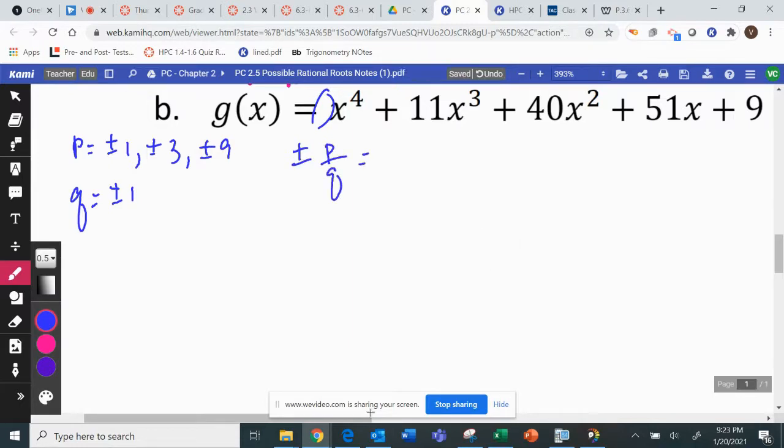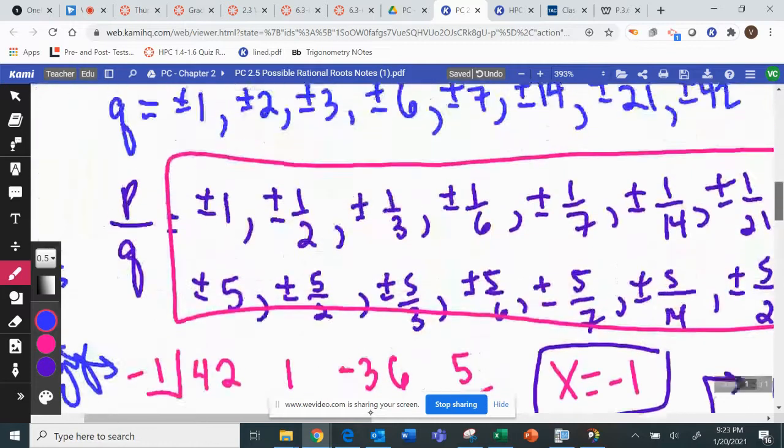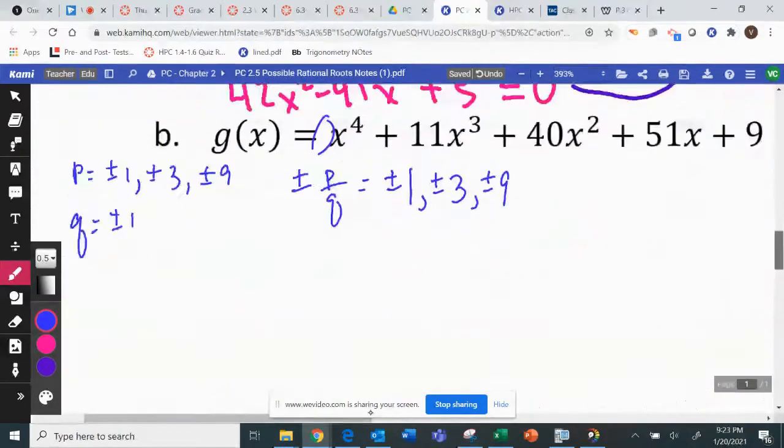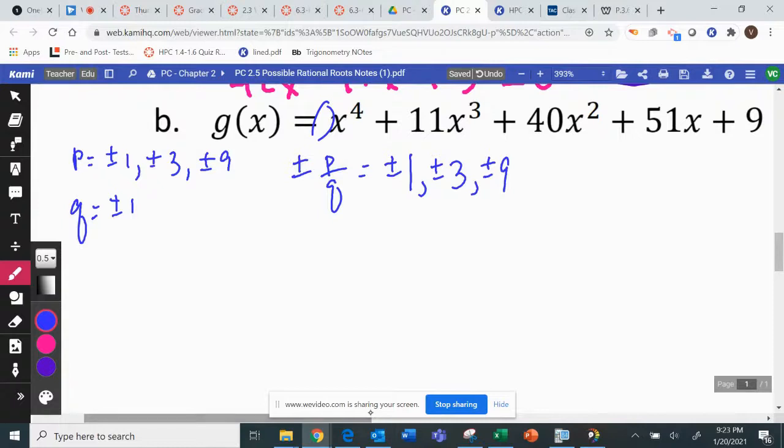And we're going to get plus minus 1 over 1, plus minus 3 over 1, and plus minus 9 over 1. So this one, we only have 6 options for rational solutions. The other one, we had 32 options. This one, we have only 6, so there's a lot less.